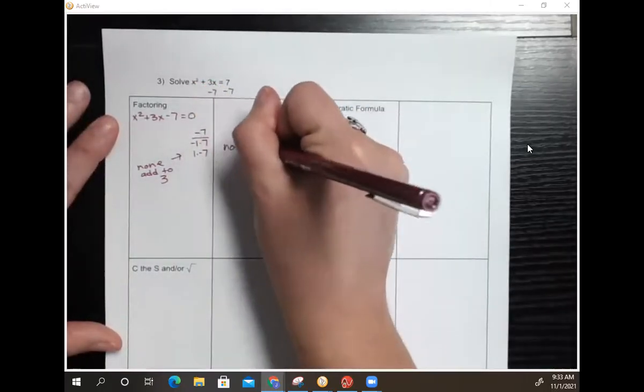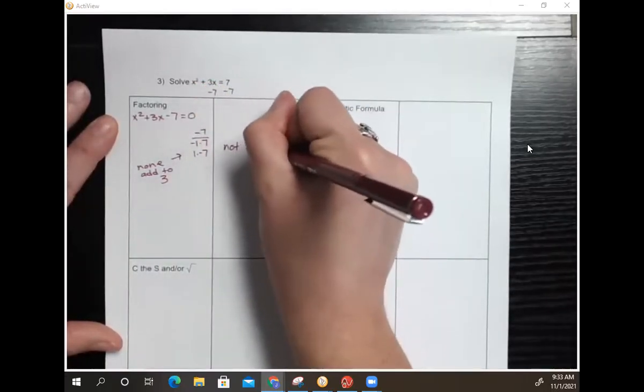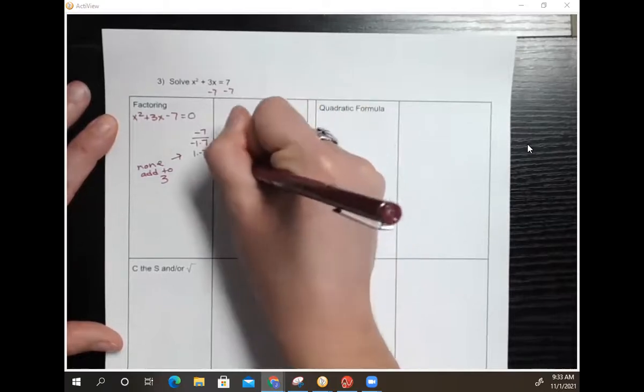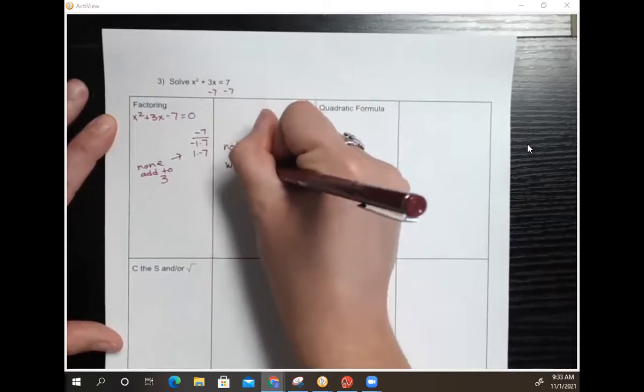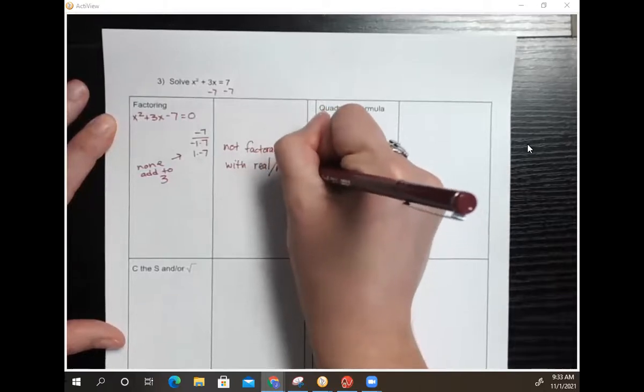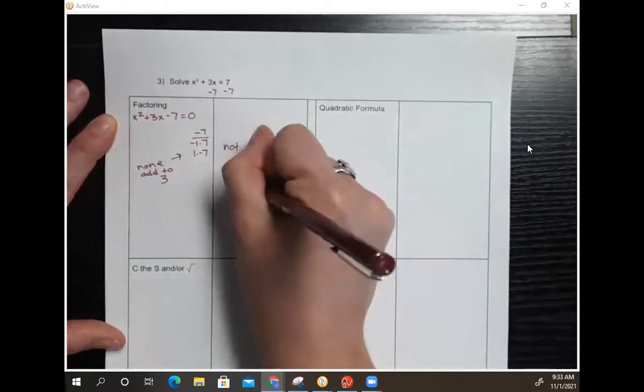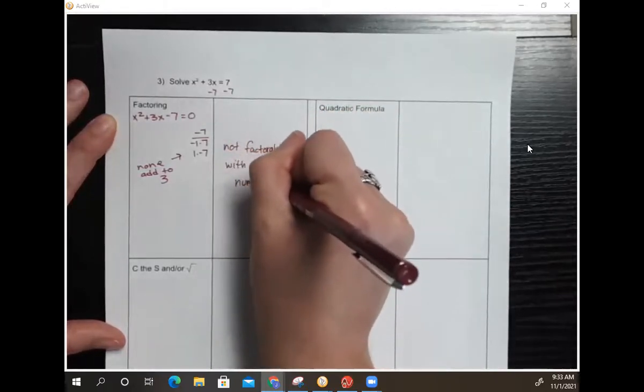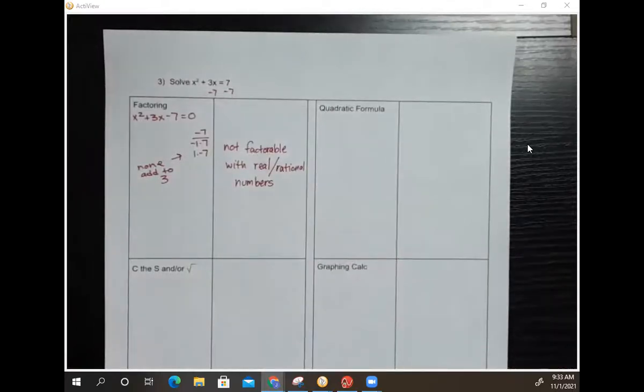We can't factor this with real rational numbers. Maybe our solutions are imaginary, maybe our solutions are just square roots that don't simplify, but they're not going to be integers, right?